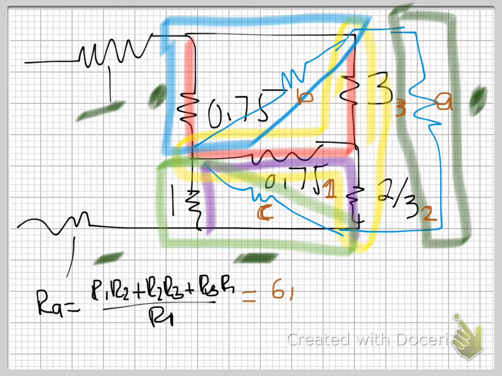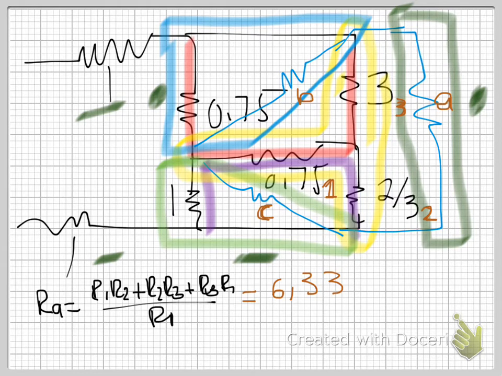Because you've got 0.75 by 3, 0.75 by 2 over 3, then 3 by 2 over 3. Yes. I guess it is 6.33. That's when you divide by R1. Okay, so RA is 6.33 because it's divided by 0.75.